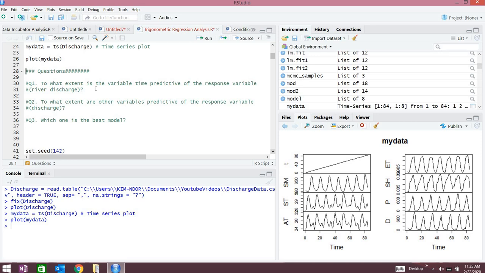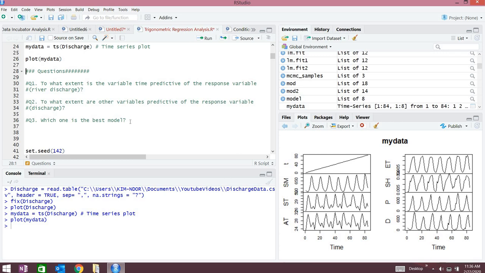And then we try to answer another question: to what extent are all other variables combined predictive of the response variable? So we take time only, we quantify its impact, and then we put all the other variables together, including the residual of time, and assess their impact.